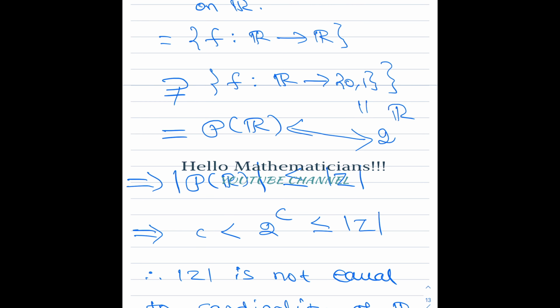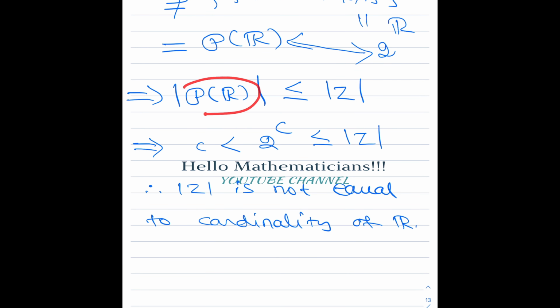Okay. So what is the cardinality of the power set of R? R has cardinality C. C is another name for 2 power aleph naught.